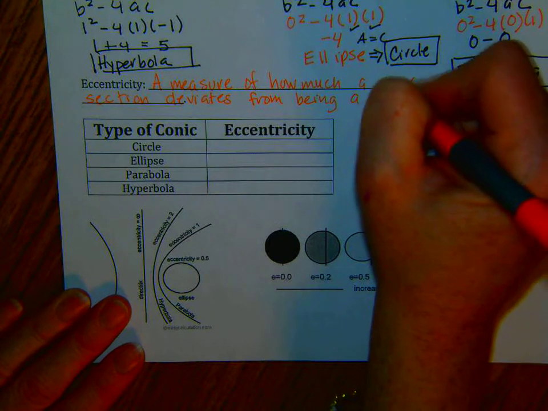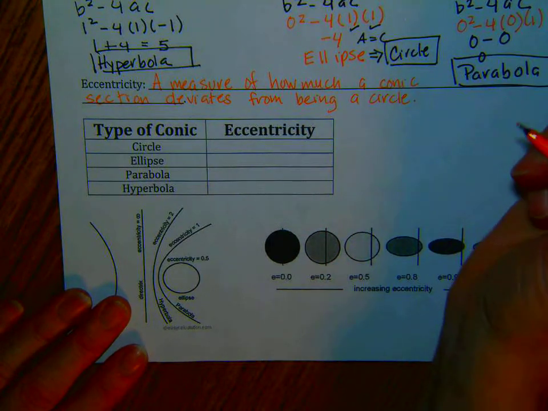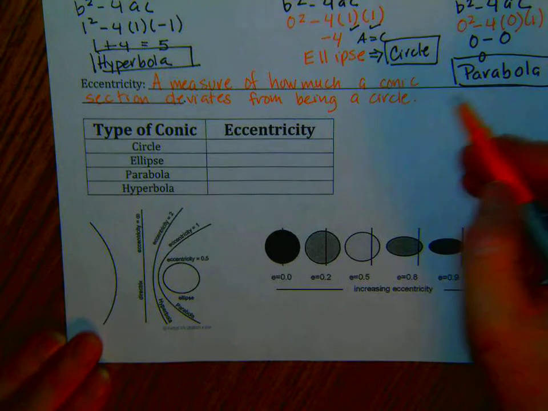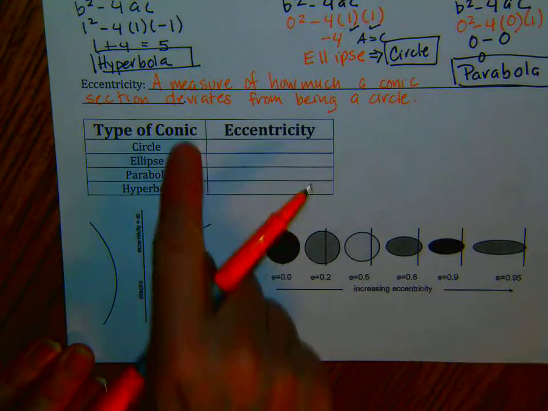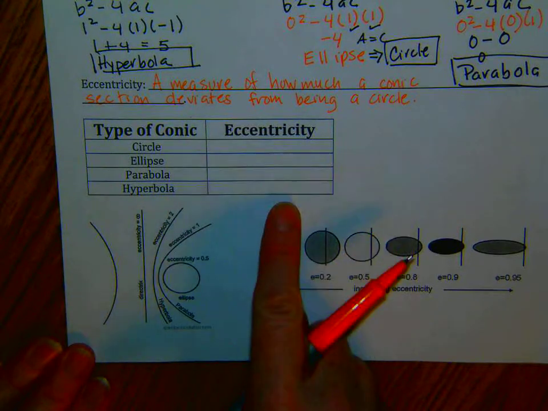So I guess the perfect conic is a circle, and eccentricity is how far away you are from being a perfect circle. So we have our 4 types of conics and our eccentricity.